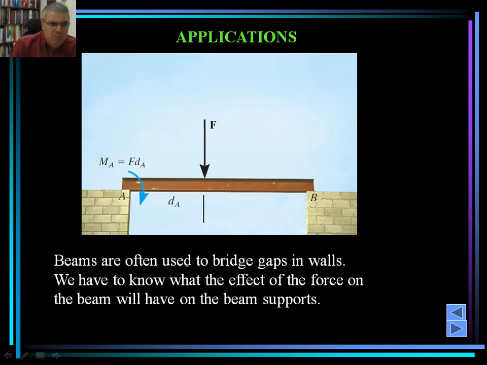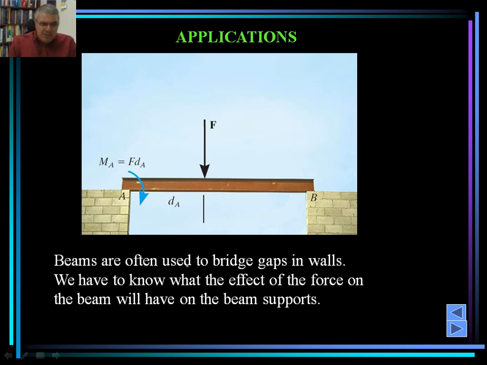Some of the applications of where we can calculate the moment are really endless. An example is given here. We have a beam here. In this case, a beam is used to bridge the gap in walls, and it might be over a window, or under a window, or it could be for the roof of a building, and so on.